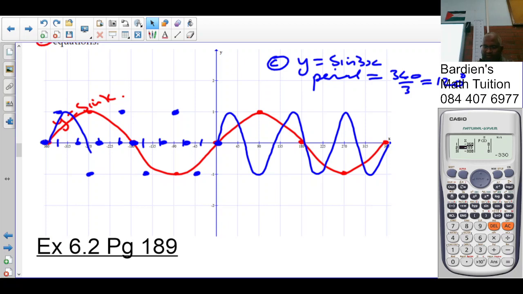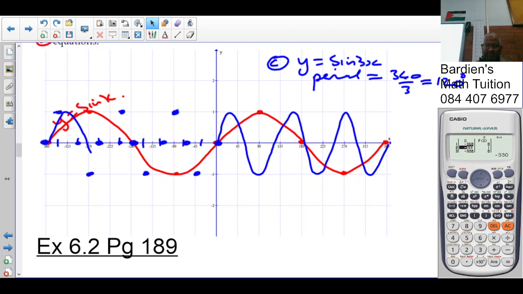Prepare our axis. It's from negative 365, so that you can see the 360 and 365. Show ticks. You're going to show a grid. You're going on units of 30, steps of 30. Your y-axis, let's go with minus 2 and 2.